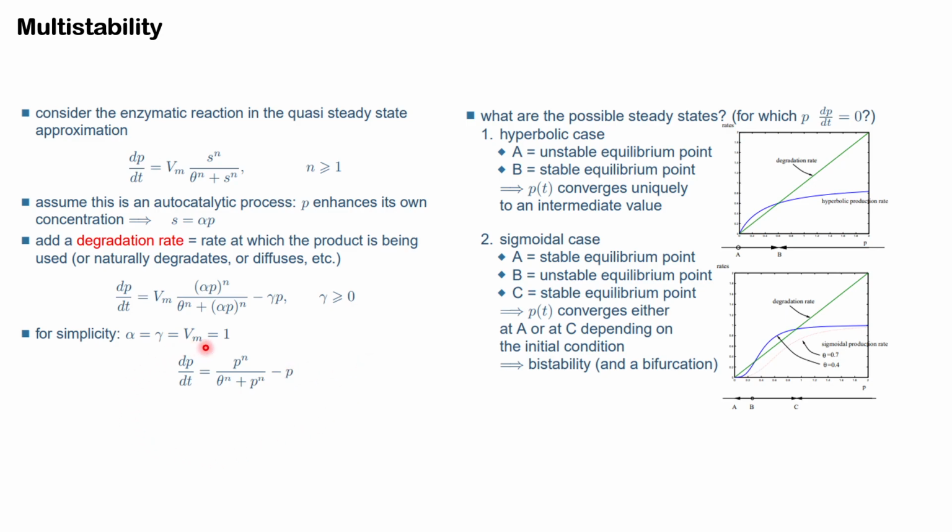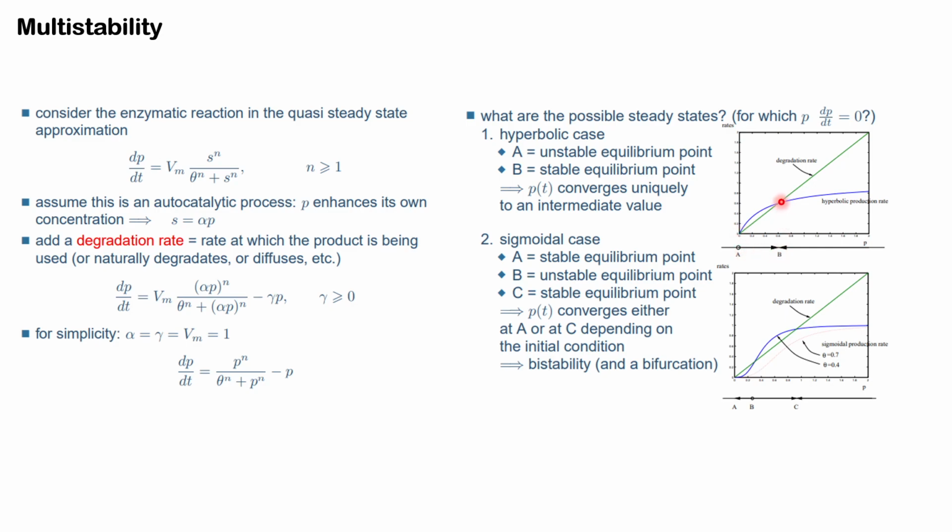Now, what are the possible steady states for this? What it means is, for which values of P is dP/dt equal to 0. First is the hyperbolic case. If you solve this, there are two cases you will find. One is the hyperbolic case where A will be the unstable equilibrium point. So A is here, and this is the hyperbolic production rate. A will be an unstable equilibrium point, and B will be a stable equilibrium point.